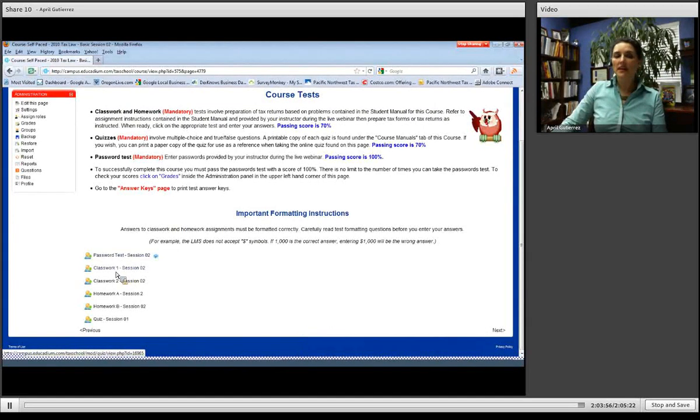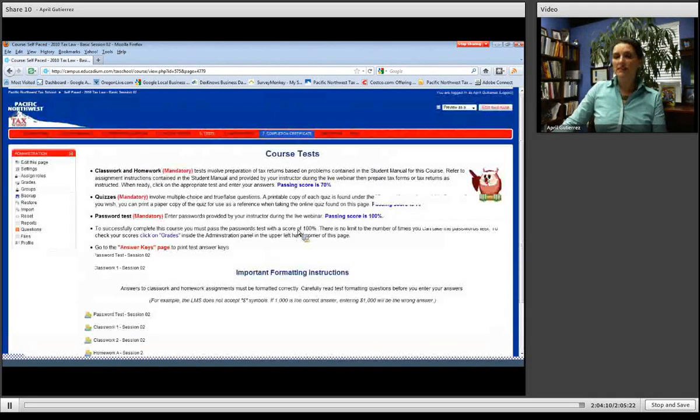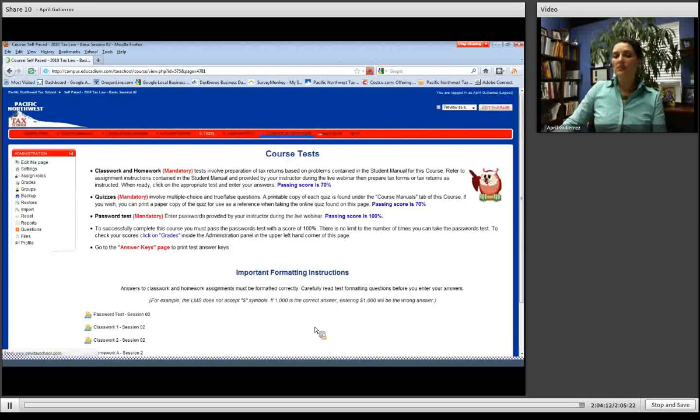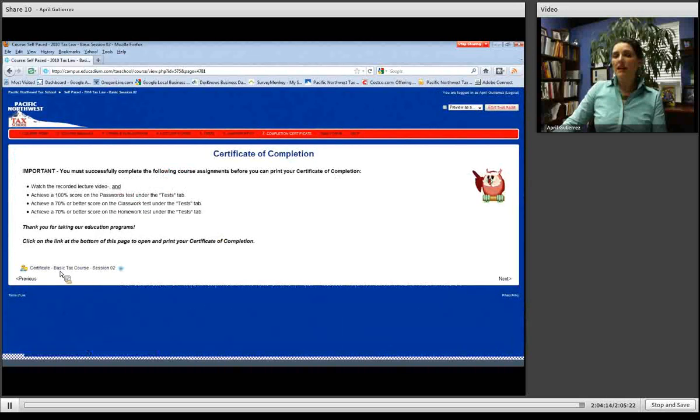You should enter the answers for classwork 1 and classwork 2 for session 2. You should prepare homework A and homework B and enter your answers, and you should have taken the quiz in here. Once you have passed all of these tests, then you can go over to the completion certificate tab and print the certificate of completion for session 2.